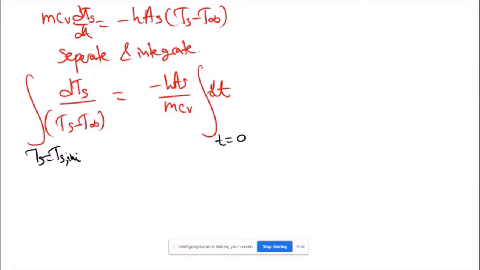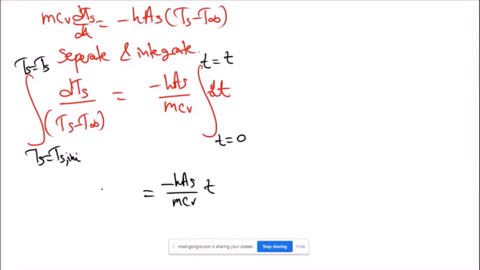Then t is t, and Ts is Ts. That is simple. The right-hand side is the very easy part. Let's do it first: it gives h As/(m Cv) times t. And for the left-hand side, this is the ln function.